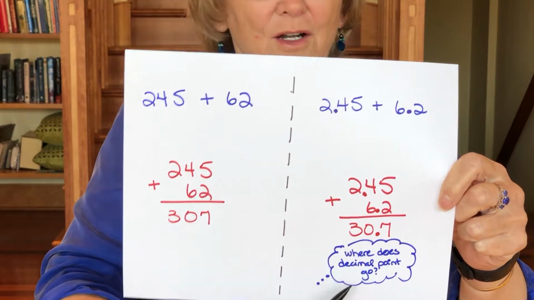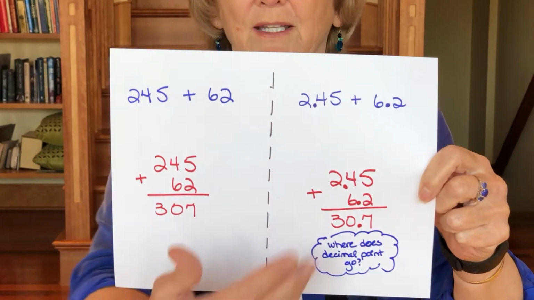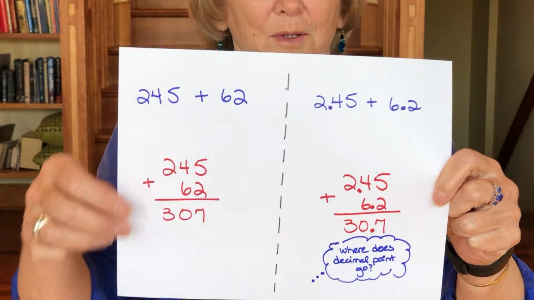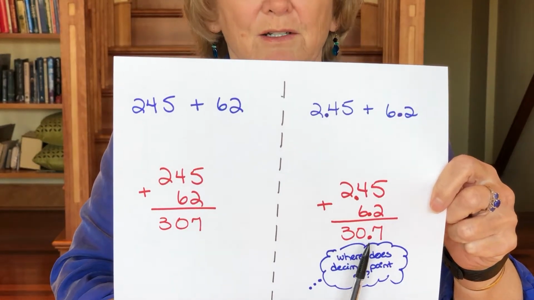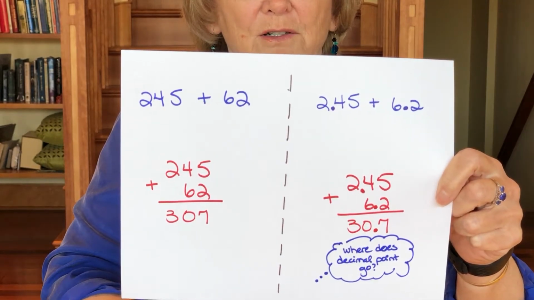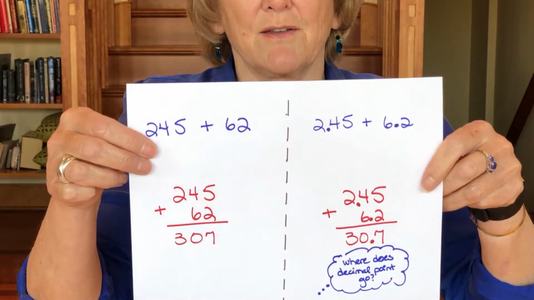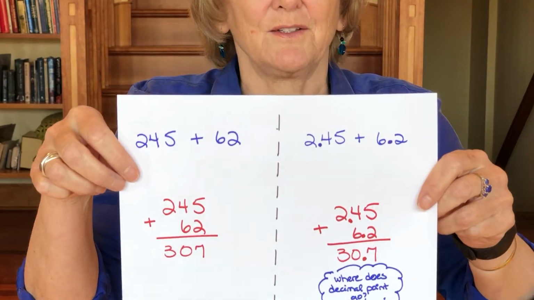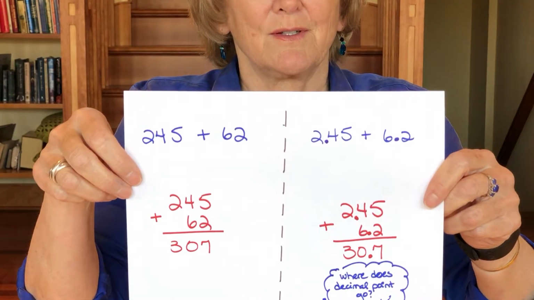And when they do this, they're not really quite sure where to put their decimal point, but they line up the problem, meaning they set up their decimal arithmetic problem the same way they did their whole number problem, and they place the decimal point maybe between the 0 and the 7, although it's just as likely that they could have placed it between the 0 and the 3 as well. So a common error that students will make, and what they're saying is that they don't understand how place value is being used when we're representing decimal numbers.